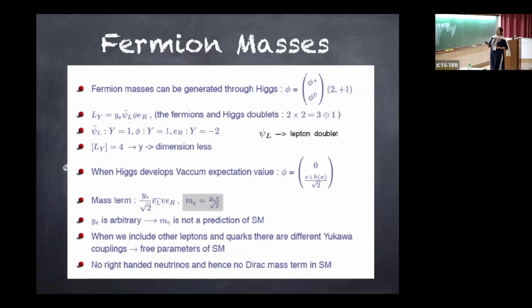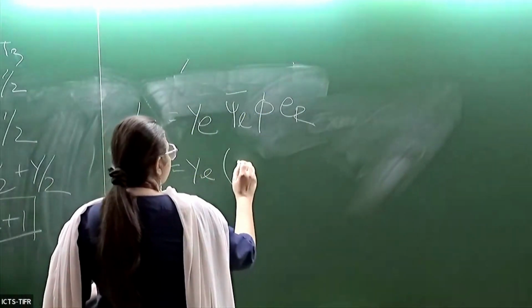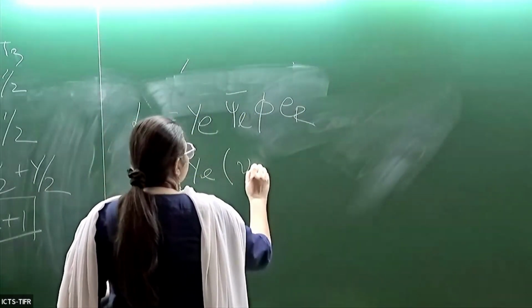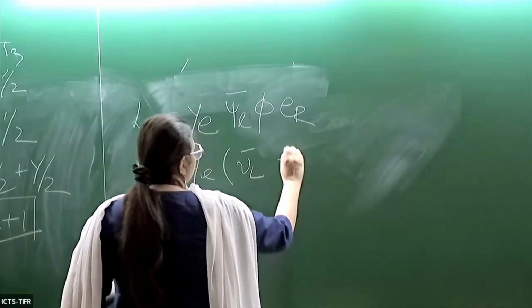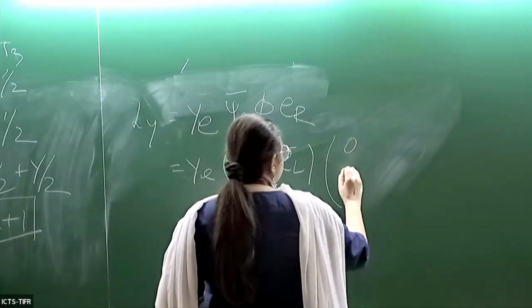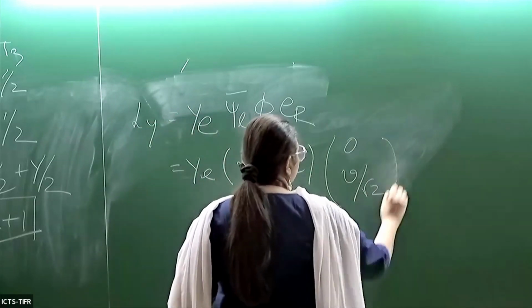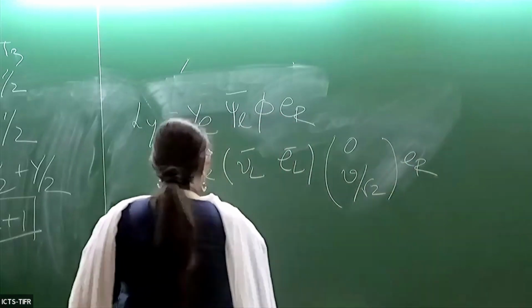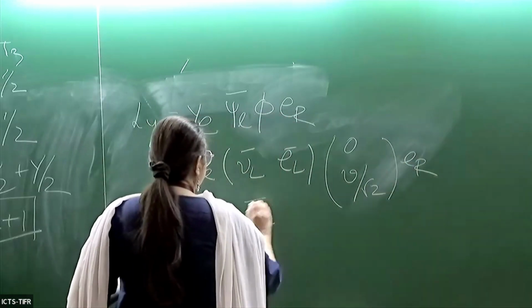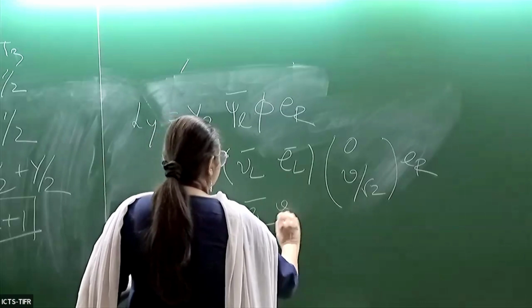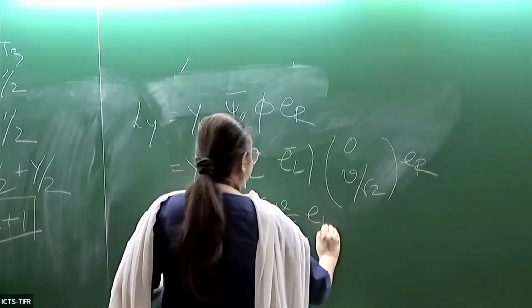Now when the Higgs develops a vacuum expectation value, then if you calculate this term, what will you get? I will get here nu L bar, EL bar, (0, V by √2) ER. And if I calculate this, then I will get EL bar V by √2 ER.